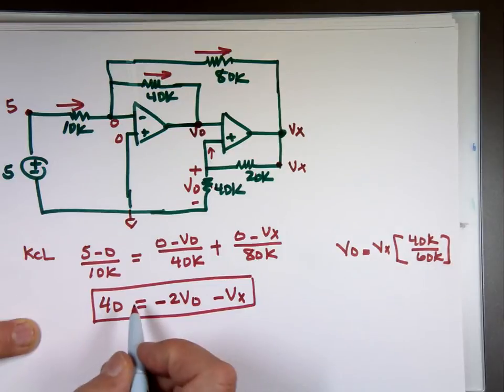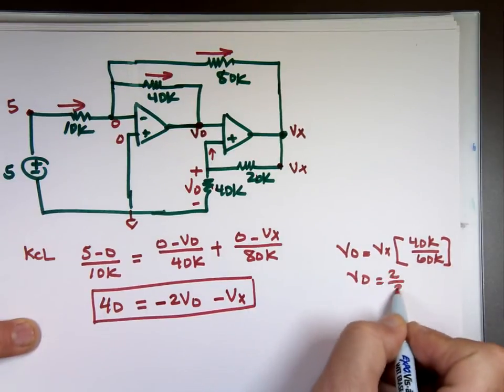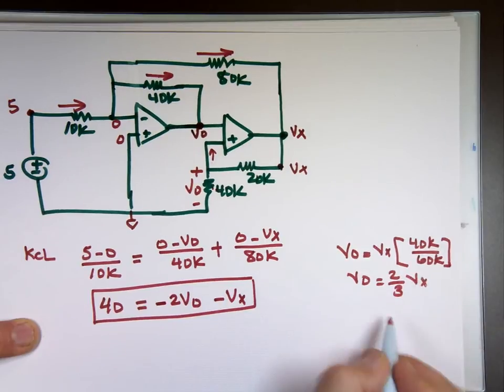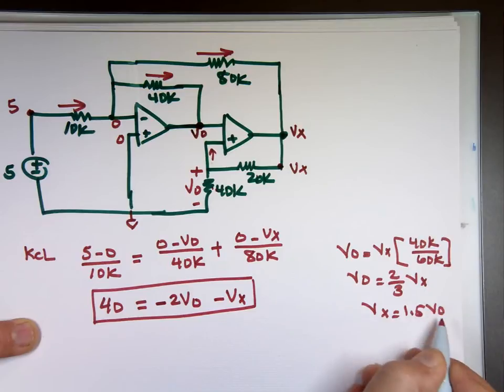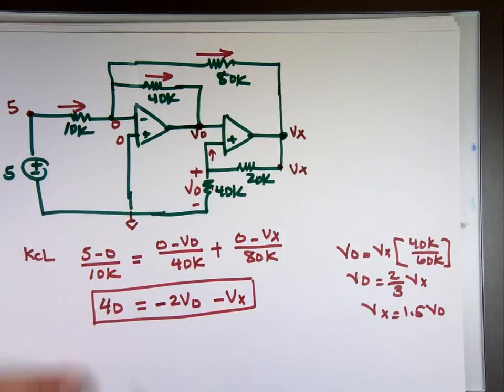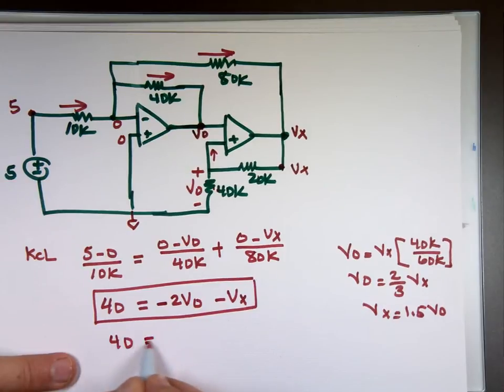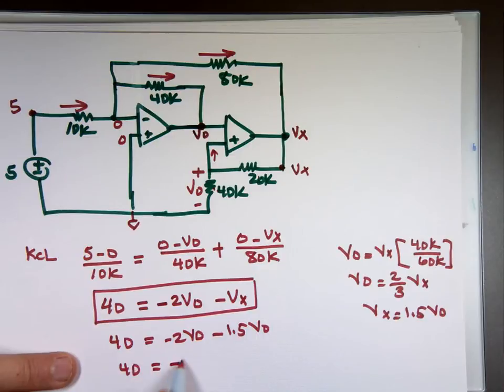V out is what? 2/3 Vx? Or Vx equals what? 1.5 V out? Plug it in now. 40 equals negative 2 V out minus Vx, which is 1.5 V out. 40 equals negative 3.5 V out.